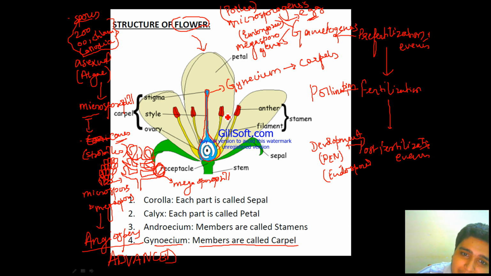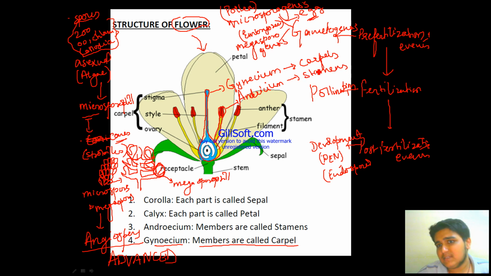Then there is the male structure. This is the male structure. And this entire male structure is called androecium. And this is made up of stamens. So you can have again multiple stamens.